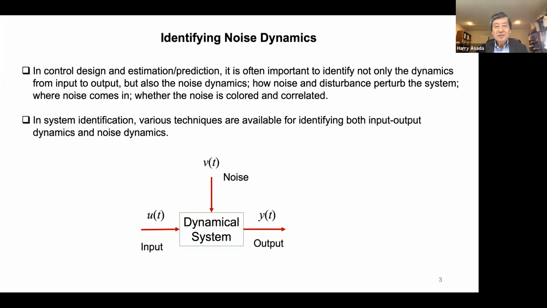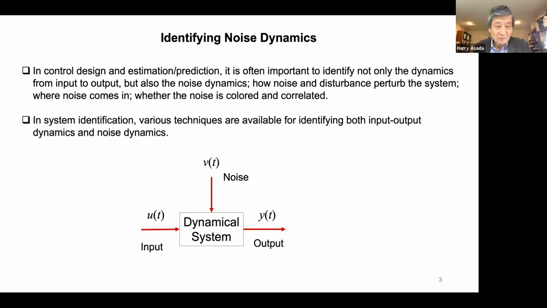Then the other interesting point is that in control design and estimation and prediction, we did some estimations, mostly based on Kalman filtering. It is often important to identify not only the dynamics from input to output, but also noise dynamics, how noise and disturbance perturb the systems, where noise really comes from, and whether the noise is colored or correlated or uncorrelated.